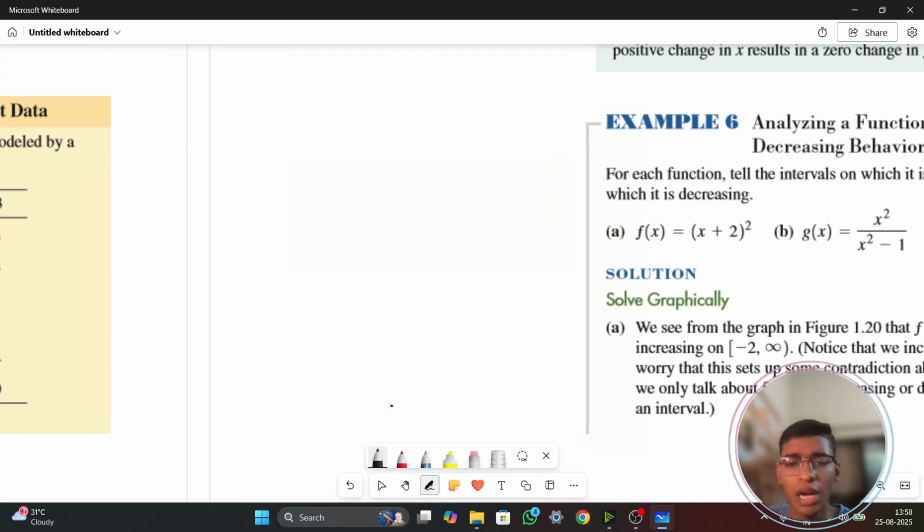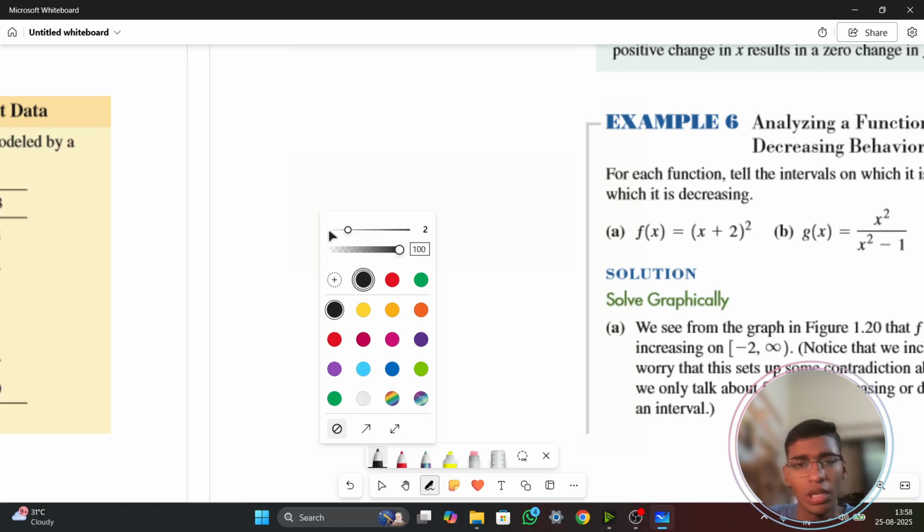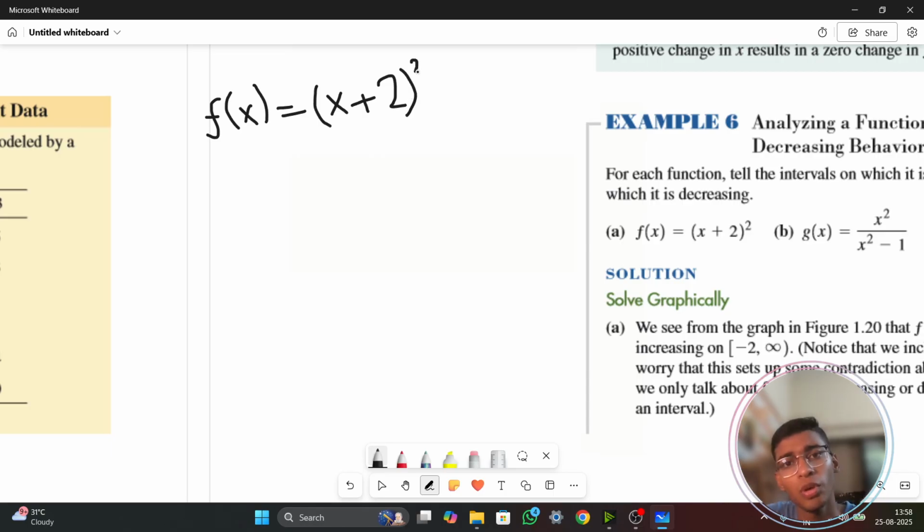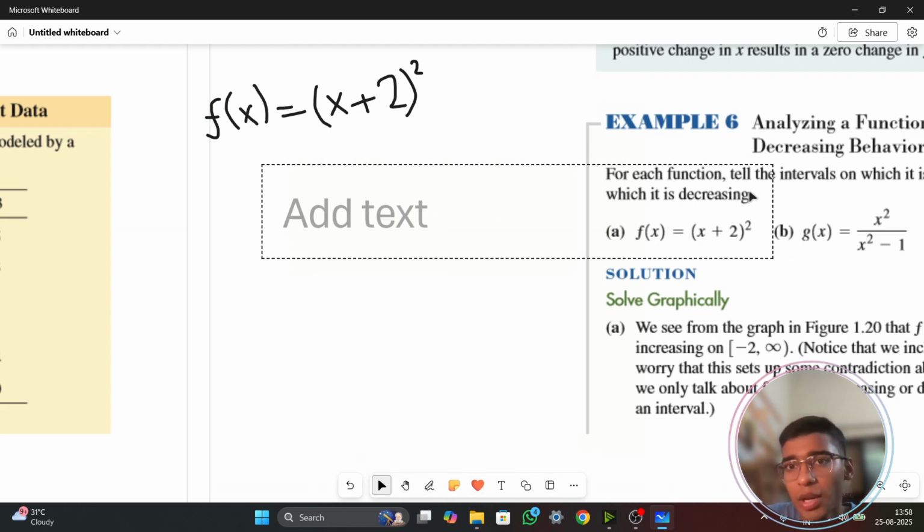So what you need to do is that as soon as you're given a function, like here we are given that my f x is equivalent to x plus 2 squared. So the first thing you need to do, I'll tell you what you need to do. That is step one.